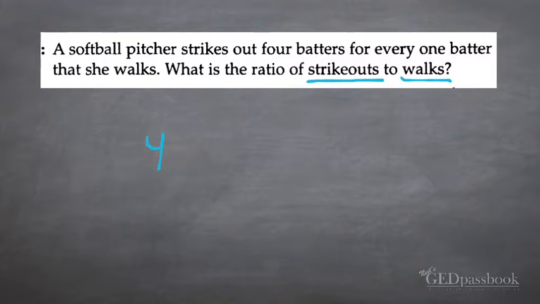So they strike out 4 batters, and how many do they walk? For every 1 batter that she walks. It doesn't say. For every 1 batter. 1 batter, right? So the ratio here is 4 to 1. For every 4 that she strikes out, 1 batter walks. 4 to 1. This is how you write a ratio right there.